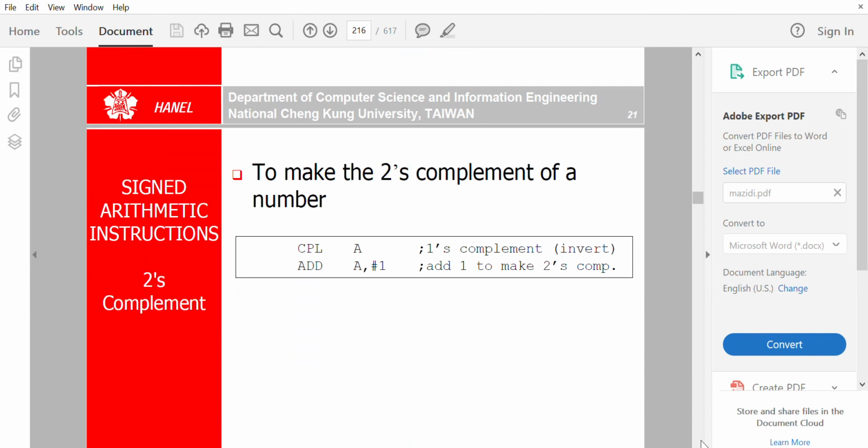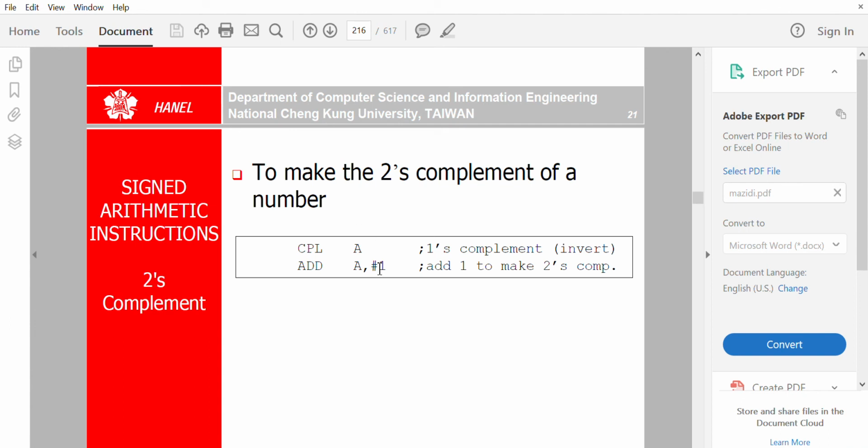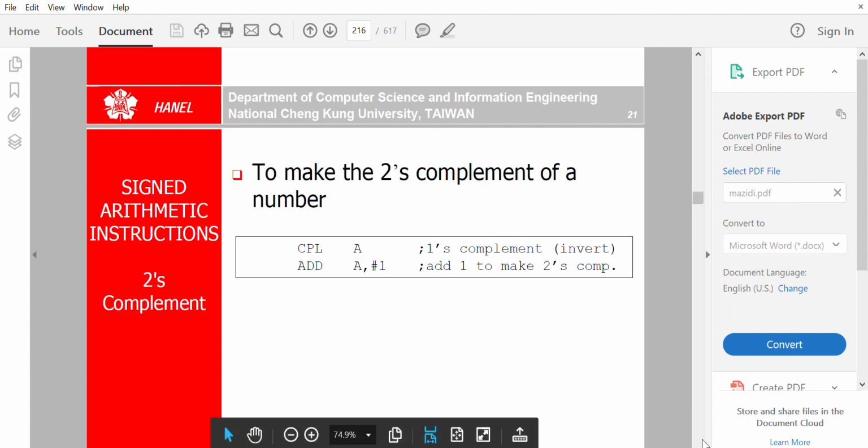Now this we have already told. To find the 2's complement of a particular number, what do you do? You can complement that number and then add 1. So you can move that number to the accumulator, complement the contents of the accumulator and then add 1 to the accumulator.